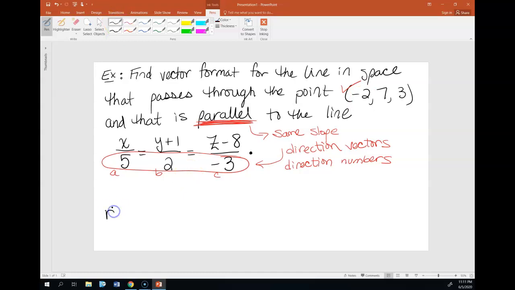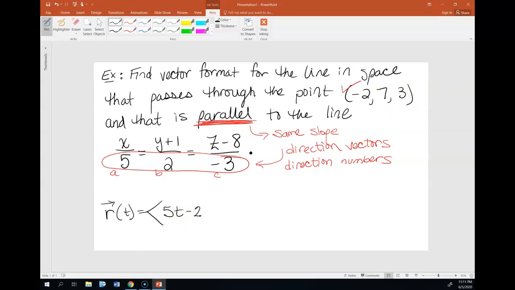So I'm going to write this as a vector valued function. R of t is equal to, well, our x component, remember these are going to be linear equations. The direction numbers give us the slope in that particular direction. So for x, it's going to be 5t. And then when t is 0, we're going to pass through this point here. So we would want to have a value of negative 2 when t is 0.